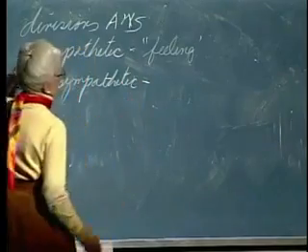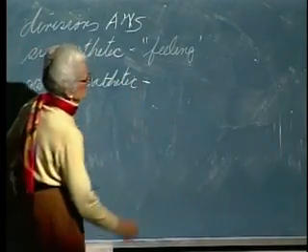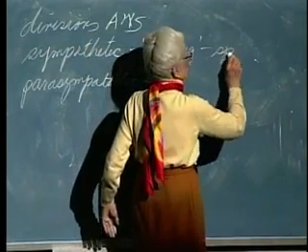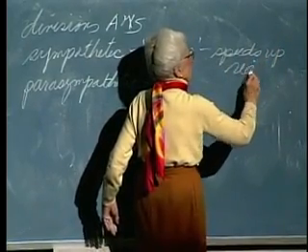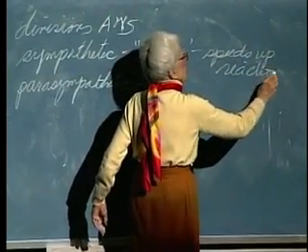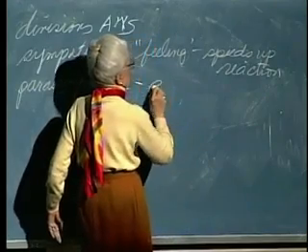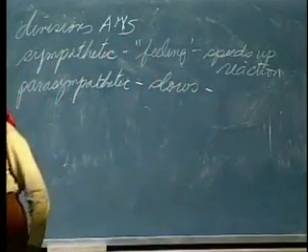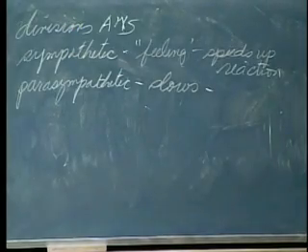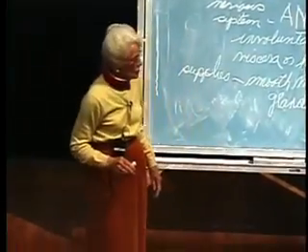And in general, we learned that the sympathetic speeds up a reaction. And parasympathetic slows it. So what was the innervation of the heart that we gave you that slows the heart? The vagus, sure.